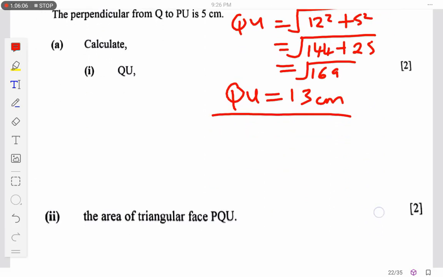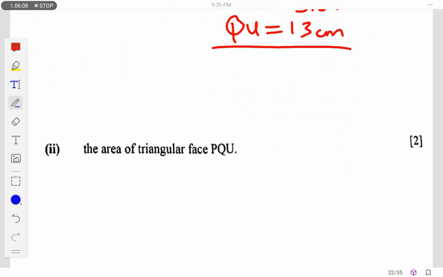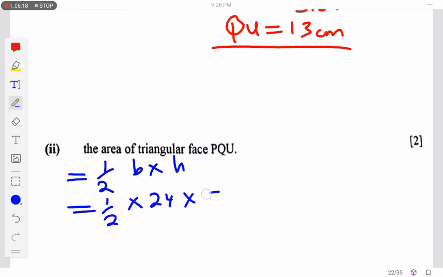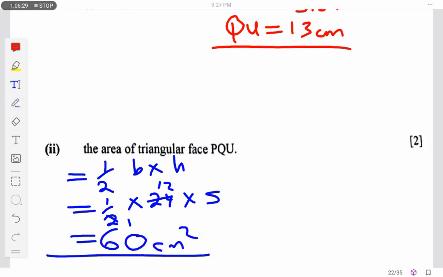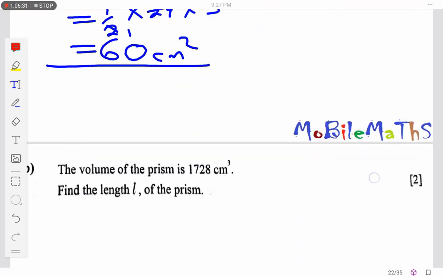So the area is going to be equal to half times base times height, so half times 24 times 5. 2 here, 1, 2 into 24, 12. 12 times 5, we get ourselves 60. So it's going to be 60 square centimeters. That's our area. Okay, let's see the next question.